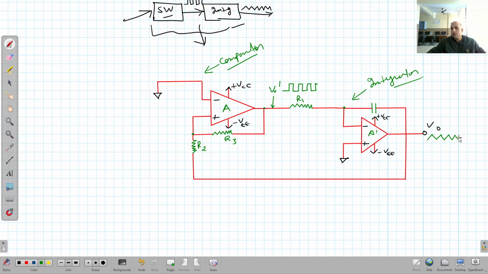The output of a comparator is a kind of square wave. It moves between the two states, either plus V saturation or minus V saturation, depending upon which input is higher. If this input is higher, then the output is in negative saturation. If this input is higher, then it is in positive saturation. So this circuit will generate these square waves, and then these square waves are applied to the integrator circuit.